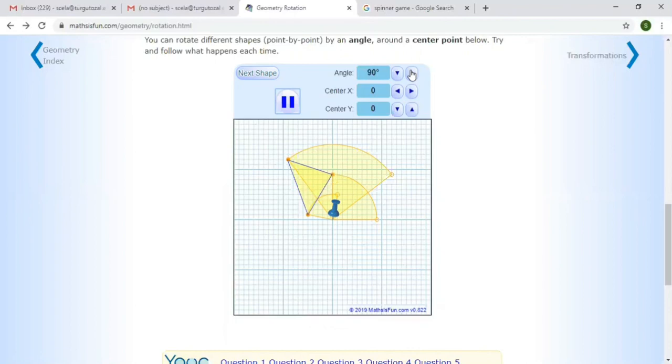Okay, we can take another angle. Let's make it 180 degrees. As you see, it is in a line that goes.